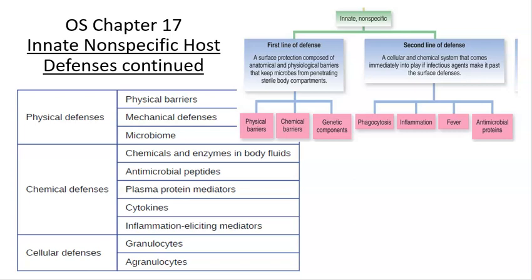In the second part of this lecture on the material from the innate and nonspecific host defenses, we're going to start to focus some more on some of these things that some textbooks are going to classify over here in the second line of defense. So some of the different kinds of chemicals that you're going to find both on the exterior and the interior of animals.